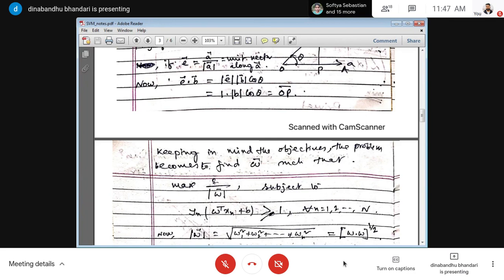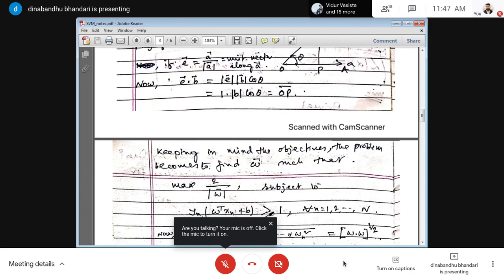This is the maximization of margin, the second objective. And the first objective was to classify the points correctly. That comes here. This is for the nth point: yn into W transpose xn plus b has to be greater than 1, or maybe you can write greater than or equal to, because some of the points will be on the boundary as well. So this is the one.